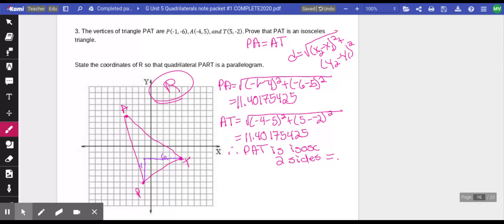So I'm going to do that same thing from A. So I'm going to go up 4 and over 6. So R is going to be that point right there. And that's going to make this a parallelogram.